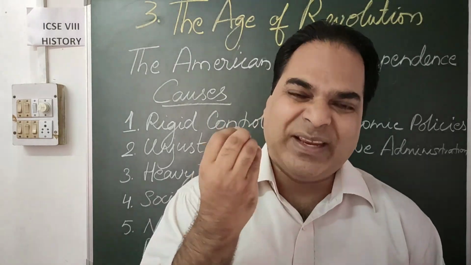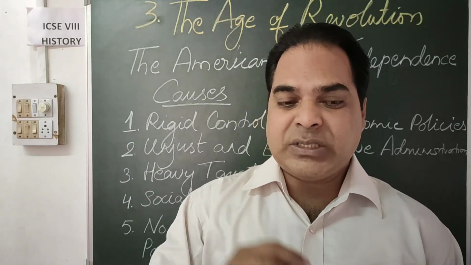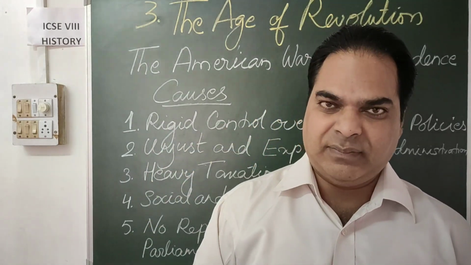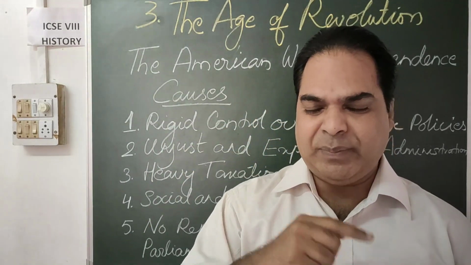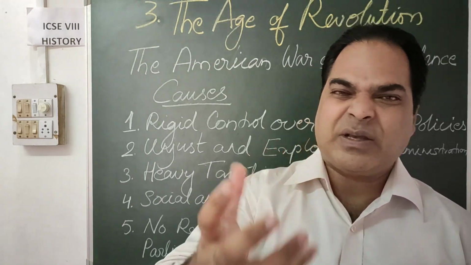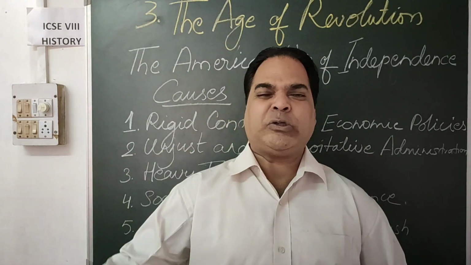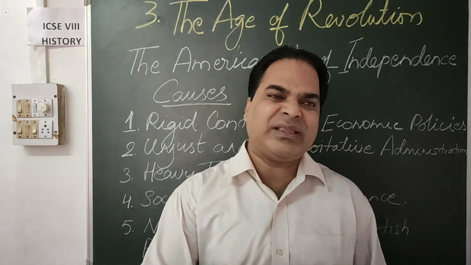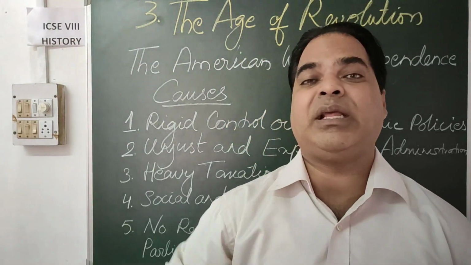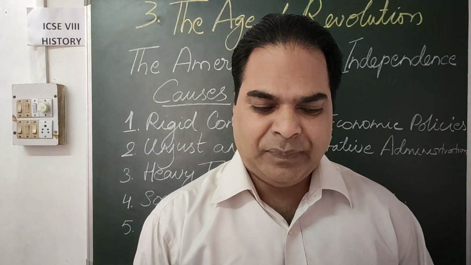The colonies were very simple and liberal, unlike the British Puritans, who were very rigid and conservative. Because of this rigidity and conservativeness, these people could not tolerate it. That is why they left their homes and settled in this newfound land. So they were very simple living people.